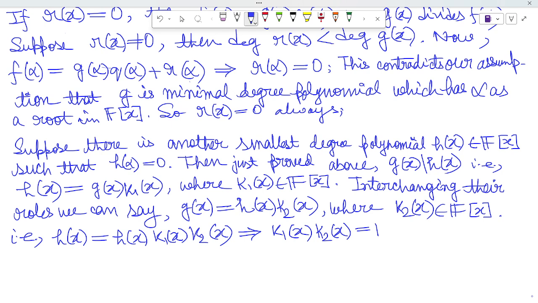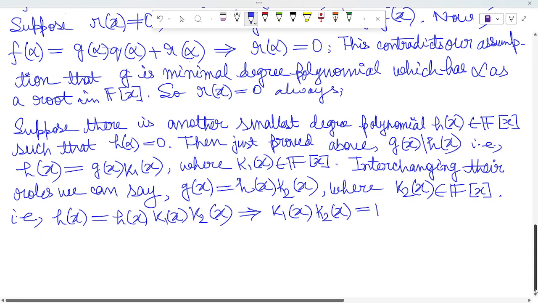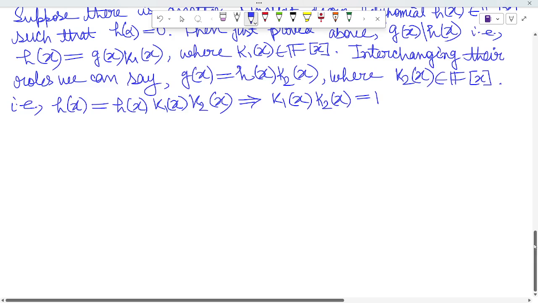Because that is a polynomial and that is also a polynomial, and we are in a field. If you assume and expand these things, k1(x) is a polynomial and k2(x) is another polynomial, so first they are scalars.